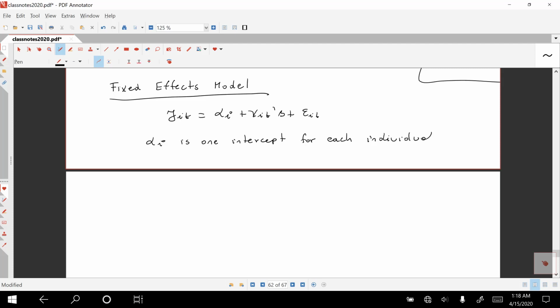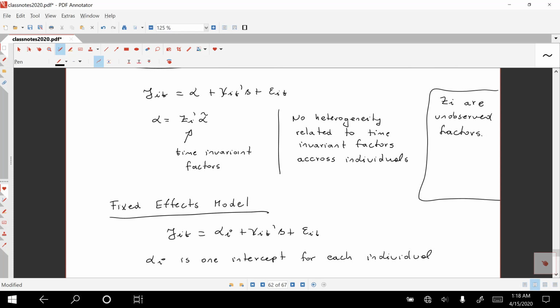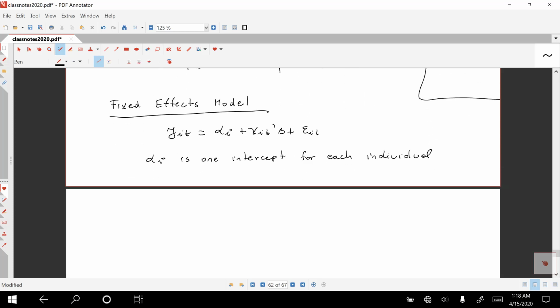And I use individuals since most of the time when I've done panel data, I have had data on individuals, but it could be an observational unit, like a country or a county or a state that's observed through time. I'm going to be calling it individual. The difference from the pool regression model is that now we have one intercept for each individual, and before we were assuming that intercept was a constant, so there was no heterogeneity related to these time invariant factors.